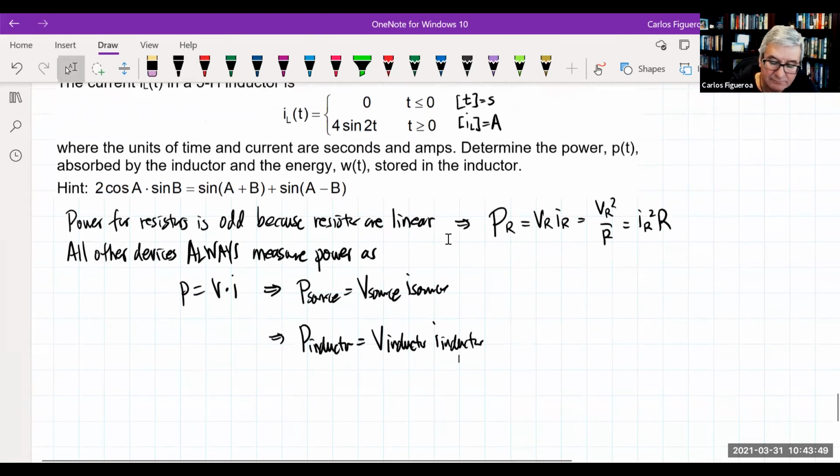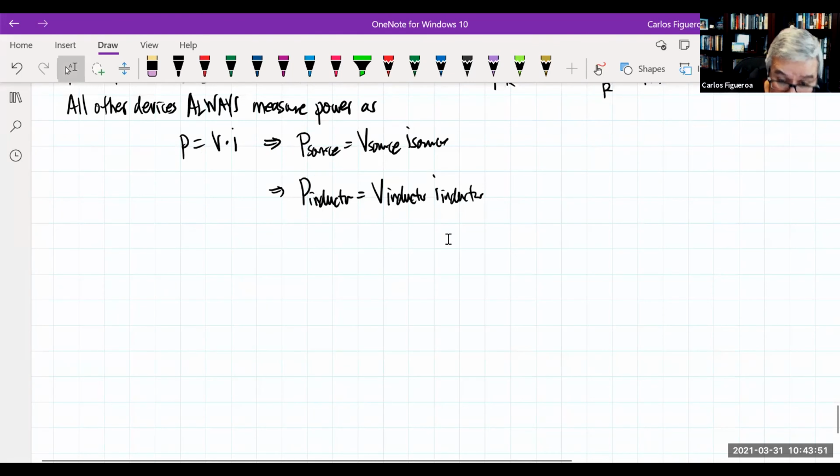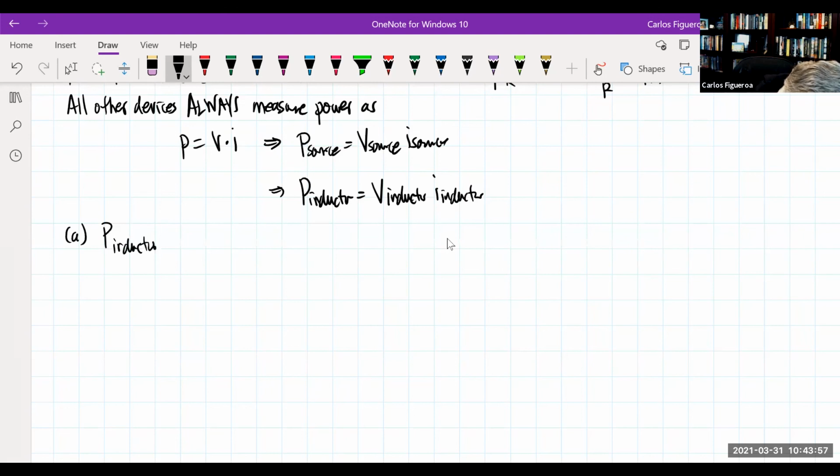So here we go. The first thing I want to do is look at the power of the inductor, which I'm going to write as PL. The power of the inductor as a function of time is the voltage of the inductor times the current of the inductor.